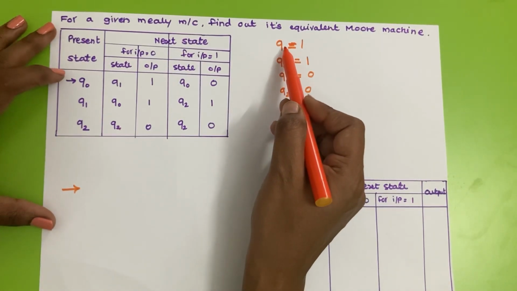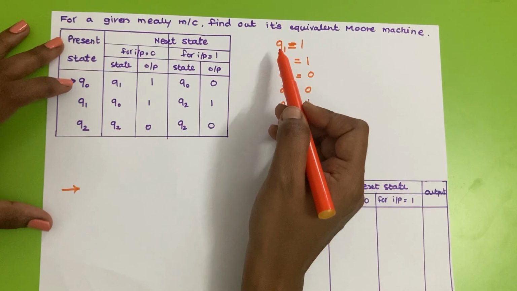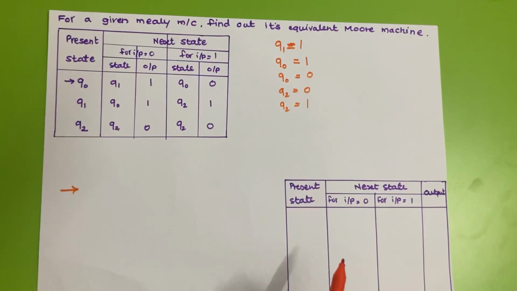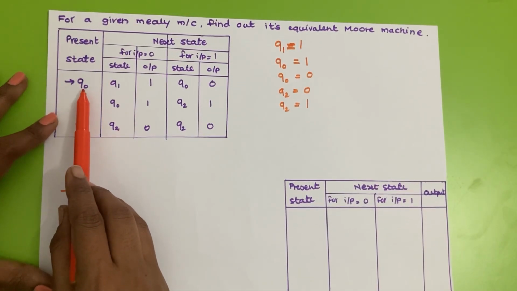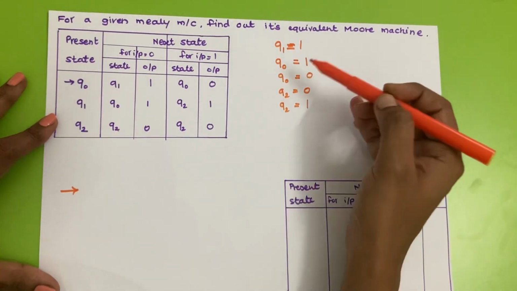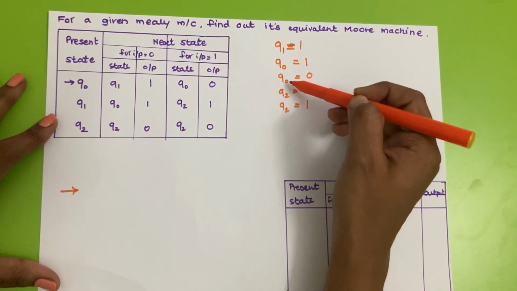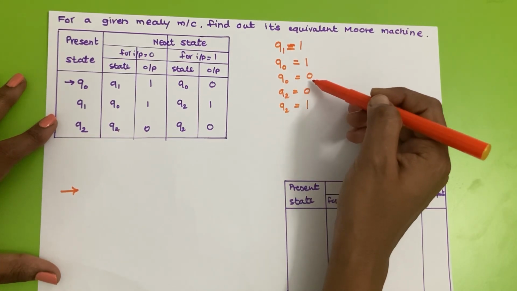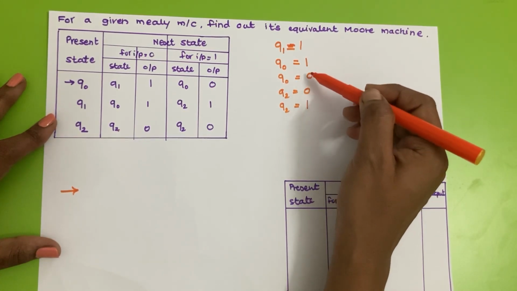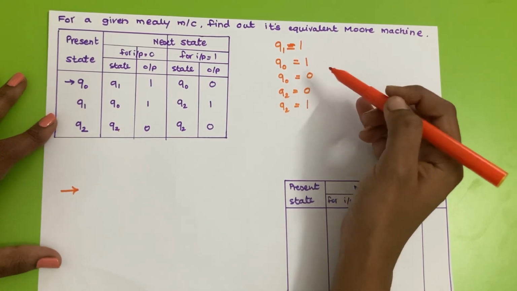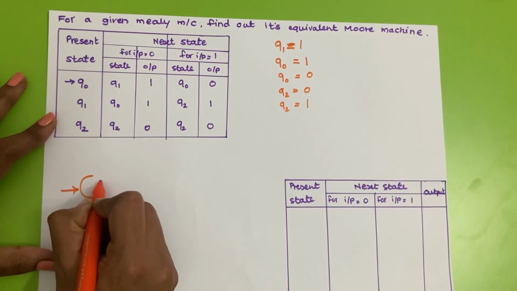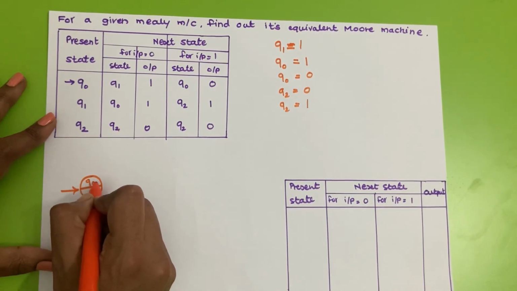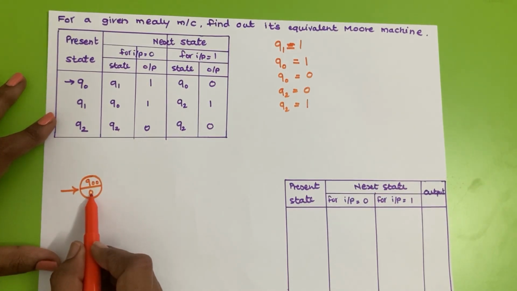Here the initial state of the Mealy machine will be the initial state of the Moore machine. Here we have q0 as initial state, but we know that q0 has two variants, one with output 1 and one with output 0. So I can take any one of them as initial state. I'll take the 0 output one, and rename this state as q00 because it outputs 0.